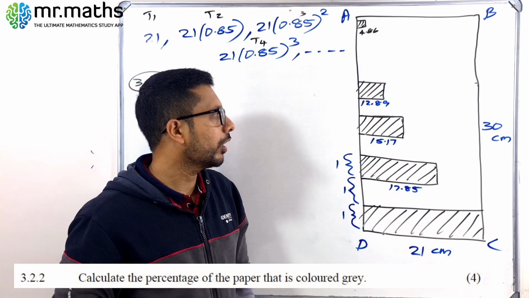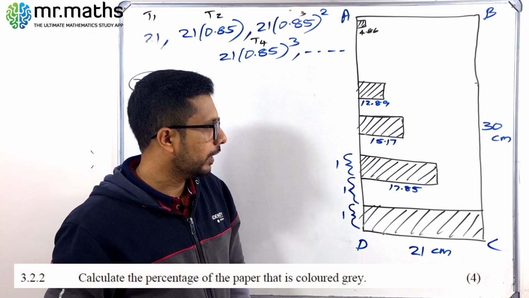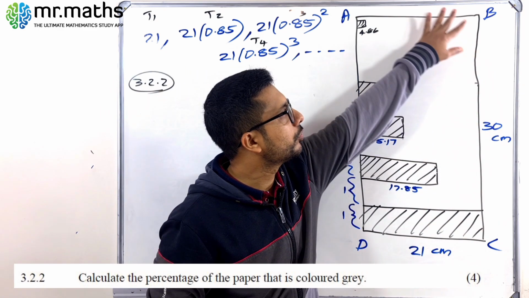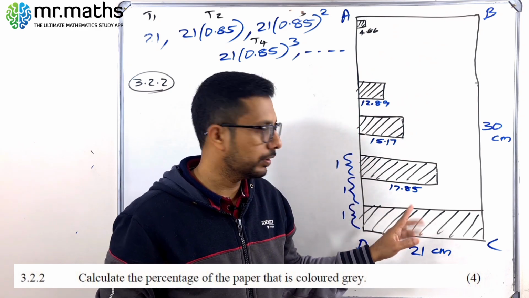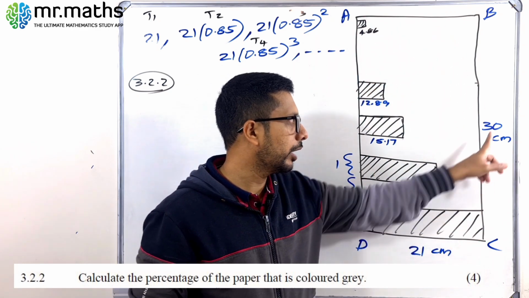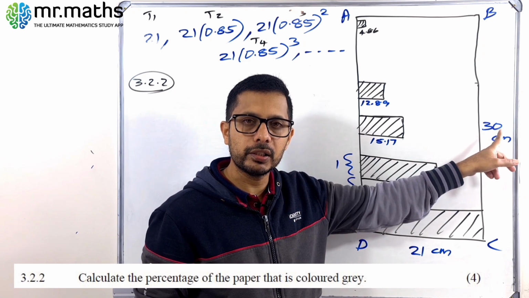Okay. So what we have to do is, first we have to find the area of the total paper. This is a rectangle, am I right? So what is the total area? 21 times 30, length times breadth.